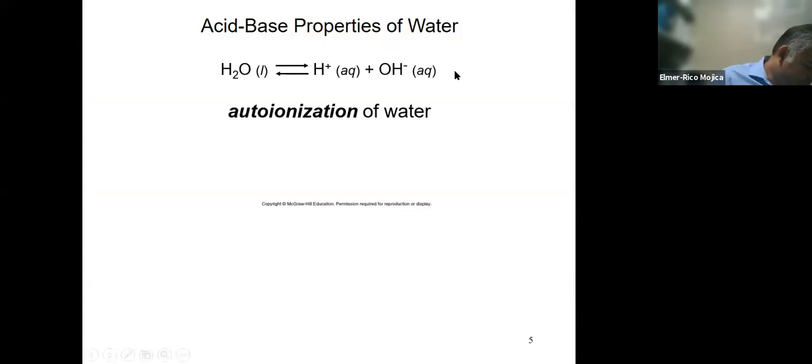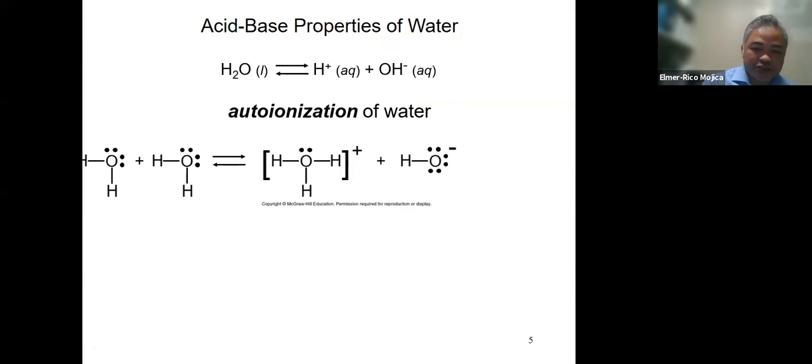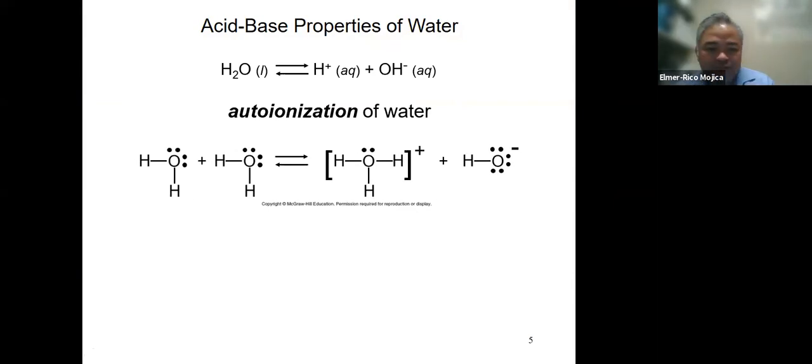Now, water undergoes what we call auto-ionization. So what does auto-ionization mean? A molecule of water can break down to form H plus and OH minus, or of two molecules of water, one of them can give up a hydrogen and the other one can accept the hydrogen.